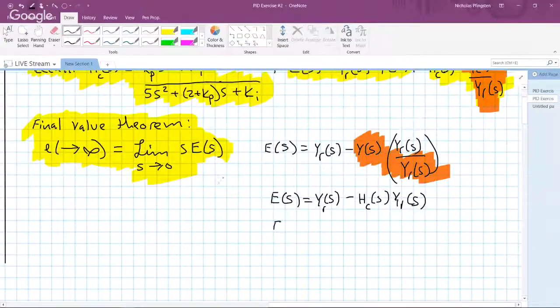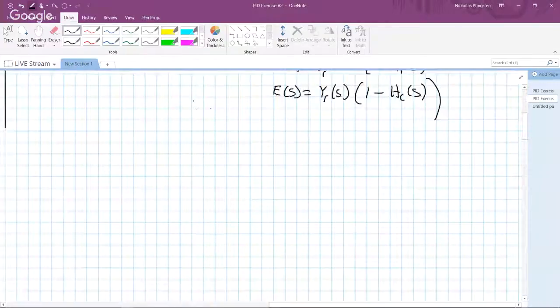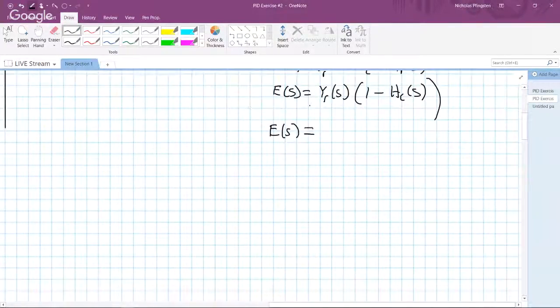We can further simplify this into E of S equals capital Y sub R of S times 1 minus H sub C of S. Well, that's looking pretty nice.